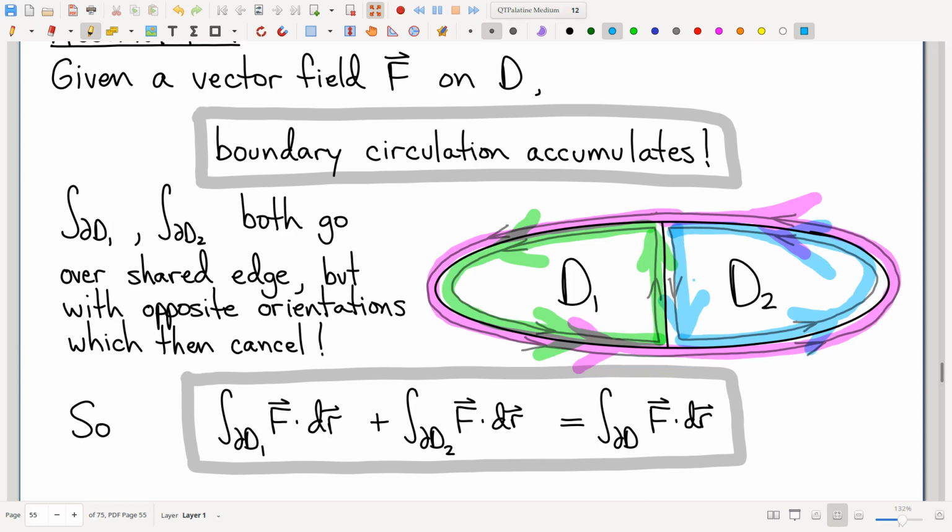Now, I've made the claim that the whole is the sum of the parts. It already looks wrong. Right? It's supposed to be that green plus blue is purple. If the whole is the sum of the parts, green plus blue should be purple. There's a bunch of green and blue on this shared edge in the middle, but there's no purple corresponding to that. So this seems wrong, right?